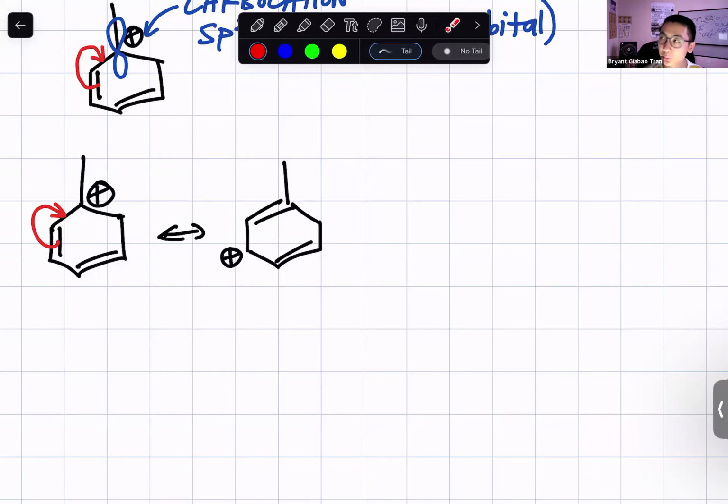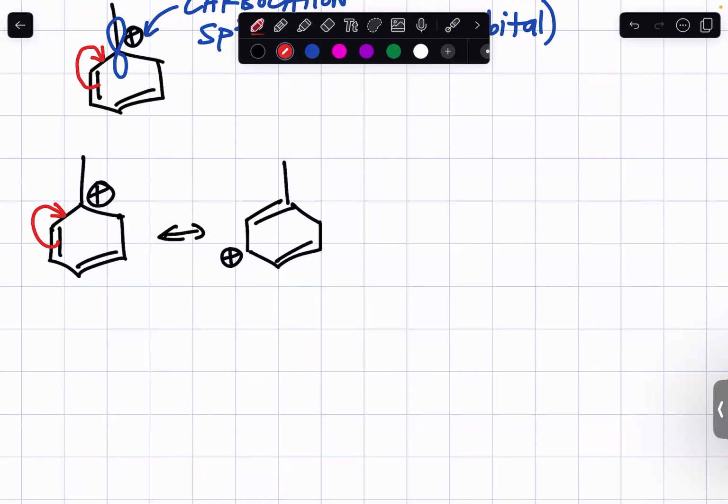The goal is to move something negative charge, like a double bond or a pair of electrons, towards something that can accept electrons. And that could either be a positive charge or it could be another double bond. Oh, right. So think of resonance as the arrows. They start as something negative and they go towards something that can accept electrons, which can be a positive charge or a double bond. Okay.